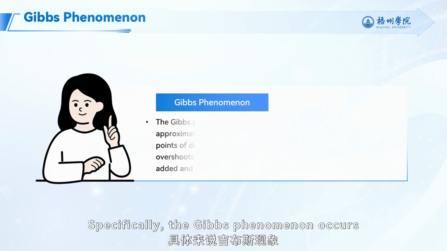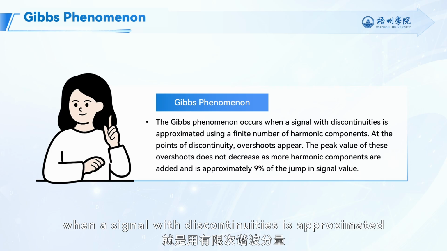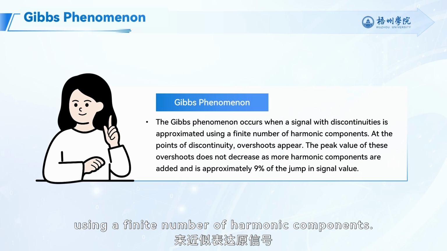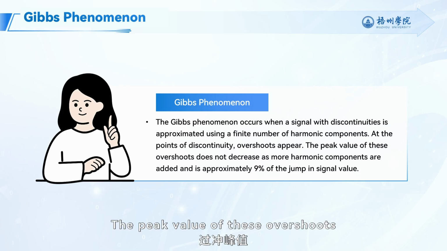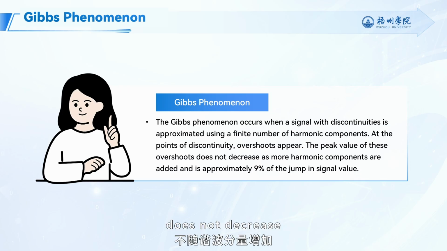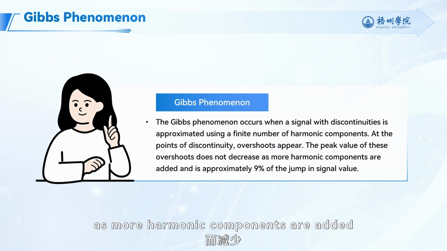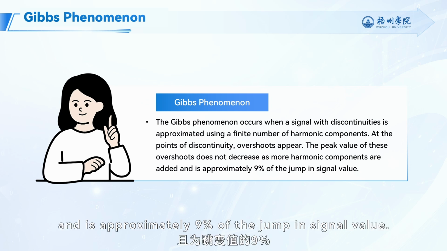Specifically, the Gibbs phenomenon occurs when a signal with discontinuities is approximated using a finite number of harmonic components. At the points of discontinuity, overshoots appear. The peak value of these overshoots does not decrease as more harmonic components are added and is approximately 9% of the jump in signal value.